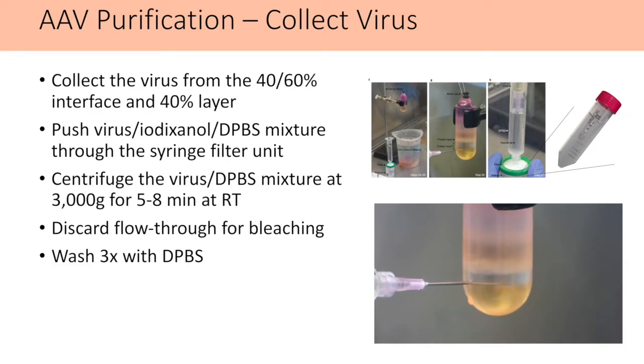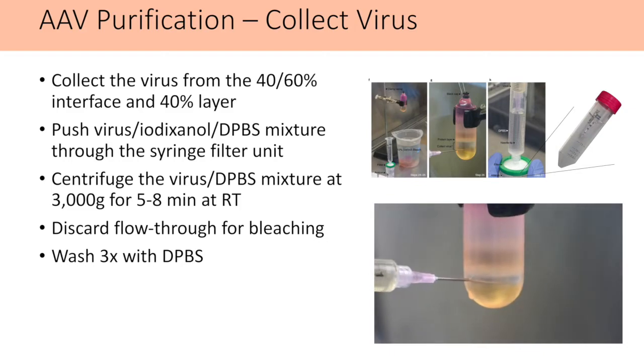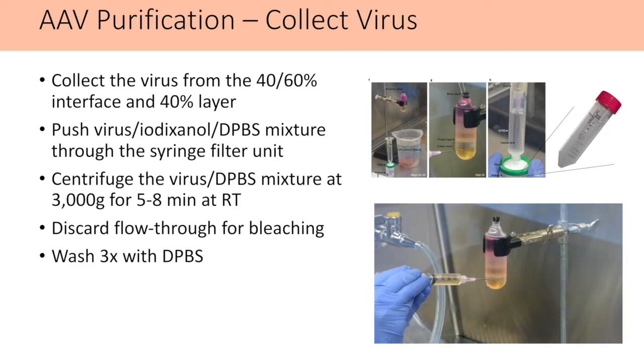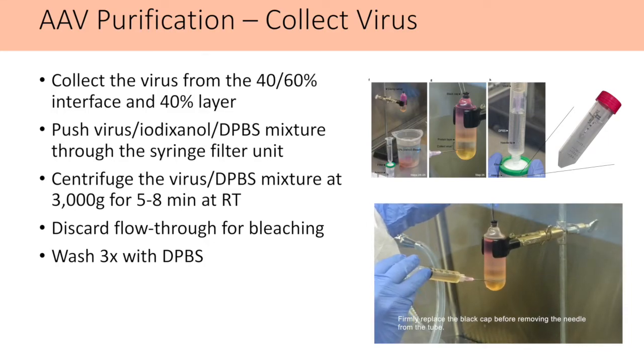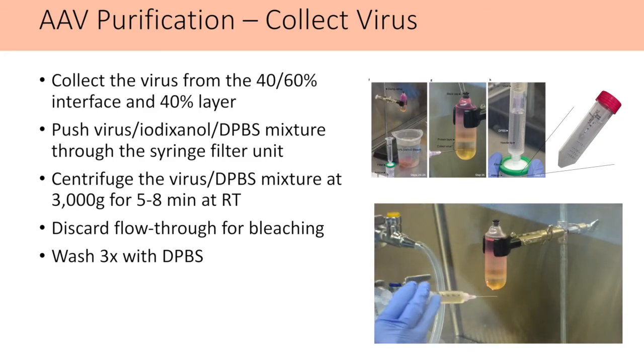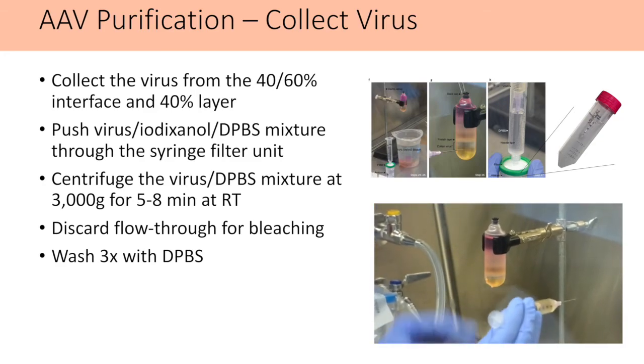Once you've extracted the volume of the virus, you'll then recap the tube, remove your syringe, and then place the iodixanol containing the virus that you've extracted underneath a layer of PBS in a syringe connected to a filter.